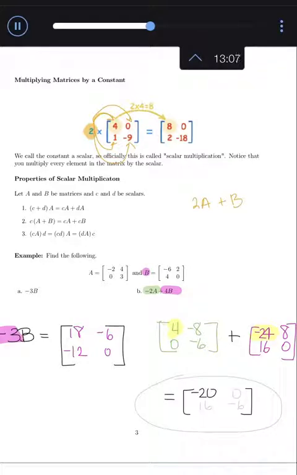Then on the next one, -8 plus 8 will get me 0. The next entry is 0 and 16, so 0 added to 16 is 16. The last one is -6 added to 0, which is -6. So there's our final answer for our matrix, doing our scalar multiplication first, then our addition and subtraction last.